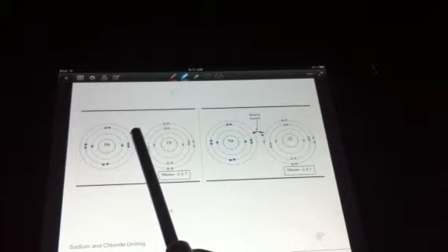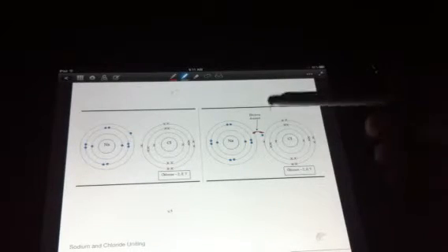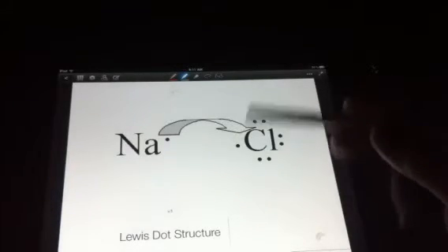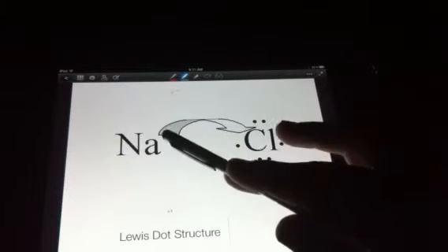Okay, so here's the symbolism of it. Here I have my sodium atom and here I have my chlorine atom. And so sodium is going to give up this 1 electron in the outside shell to chlorine, who needs one right here. And I will have a bond that forms right here. Another way of looking at it is with my Lewis dot structure.